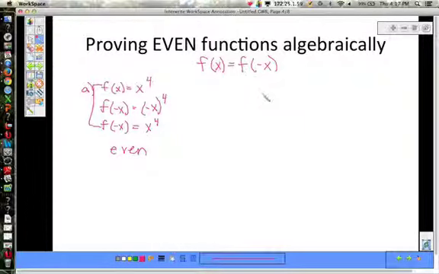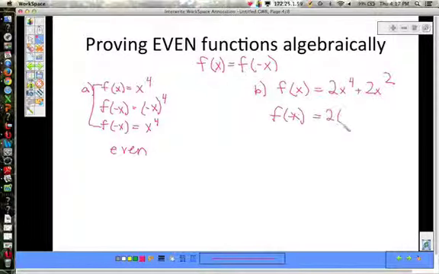so it would be even. Let's take a look at letter B, because that one's a little bit more complicated. We had f of x equals 2x to the 4th plus 2x squared. And if we have f of negative x here, we plug that in. We have 2 times negative x to the 4th plus 2 times negative x squared.